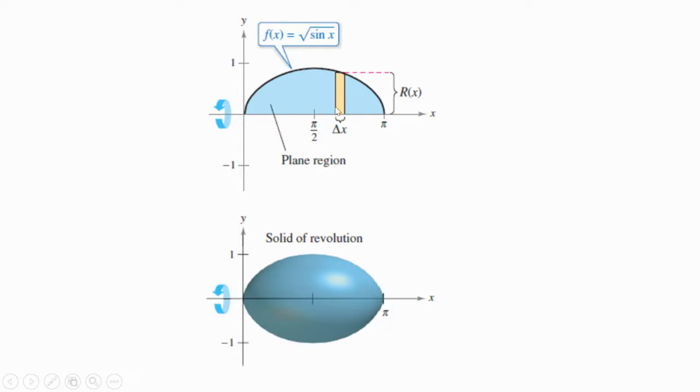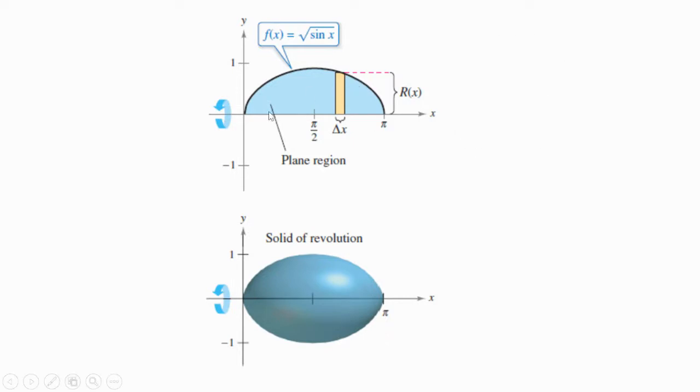So that means here you're drawing a slice that is perpendicular to the x-axis. And when you draw that slice, you can tell, oh, I'm doing this problem dx. So this is the plane region that we have.